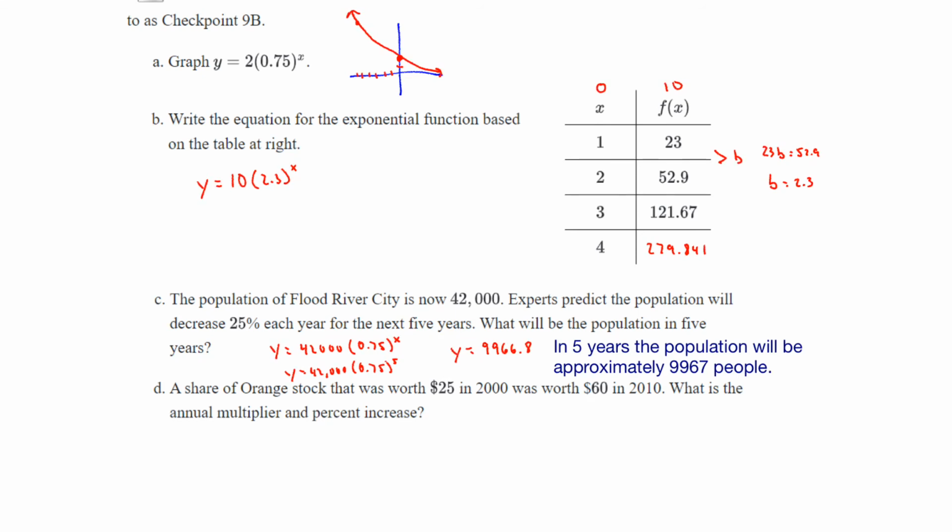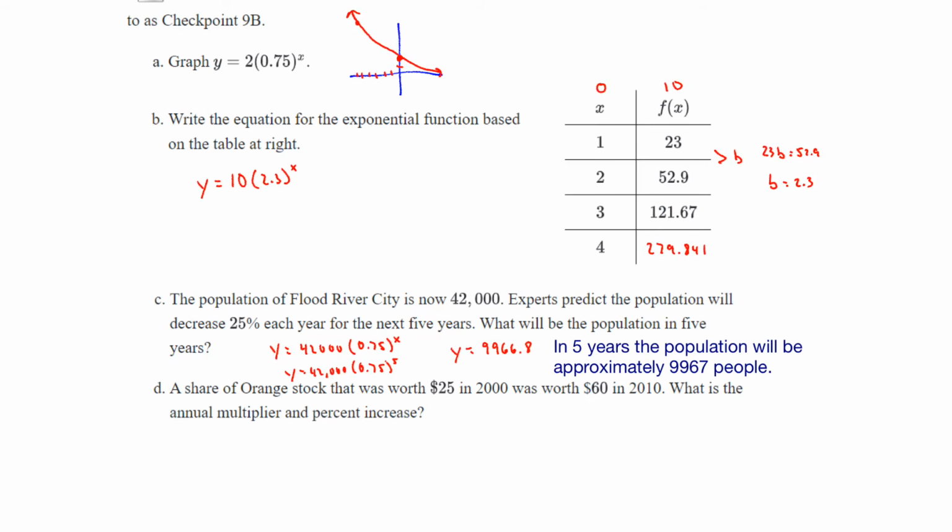All right, and then part D. A share of orange stock that was worth $25 in 2000 was worth $60 in 2010. What is the annual multiplier and percent increase? So this is one I did earlier where we need to figure out what the multiplier is.